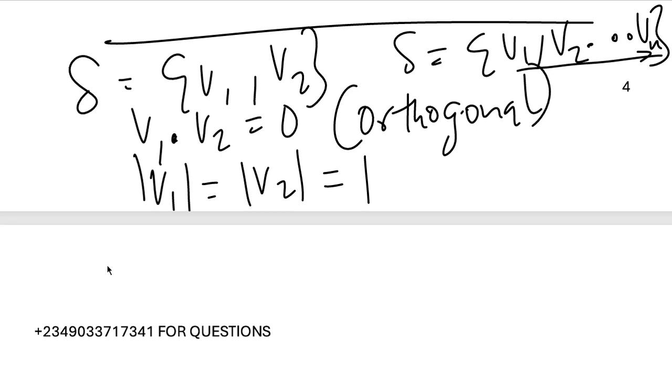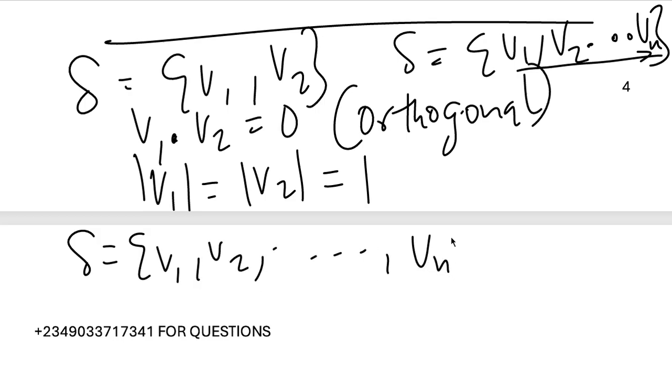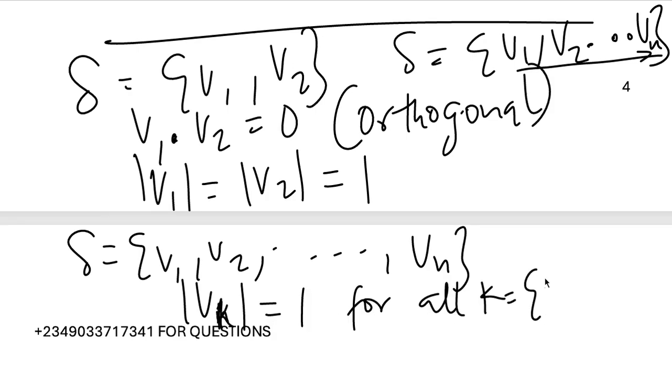So for an orthogonal set, let's say we have S equal to v1, v2 down to vn. The magnitude of vk is going to be equal to 1 for all k equals 1, 2, 3 down till n, so from 1 down to the end.